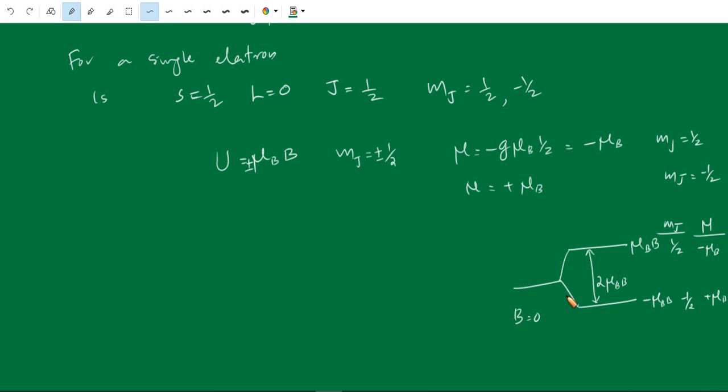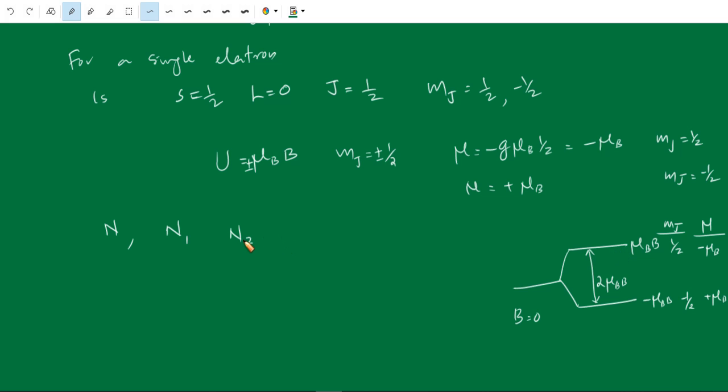So when a magnetic field is applied to the atom, the atoms are arranged in either of these two energy levels. Therefore we can write that there are a total of n atoms per unit volume. Out of that, n1 atoms per unit volume are in the lower level, and n2 atoms per unit volume are in the upper level.